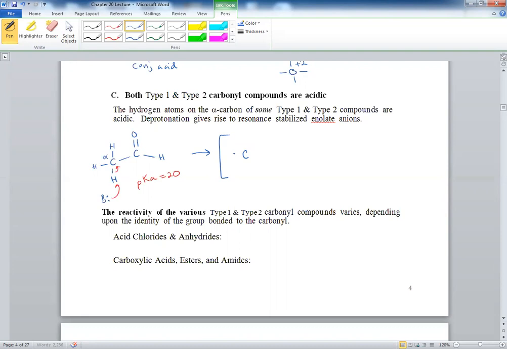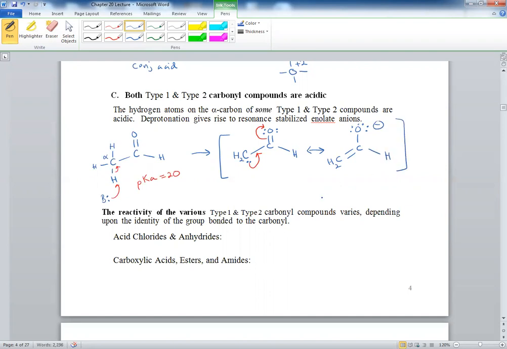So if we have now H2C, we can shift these here, right there.